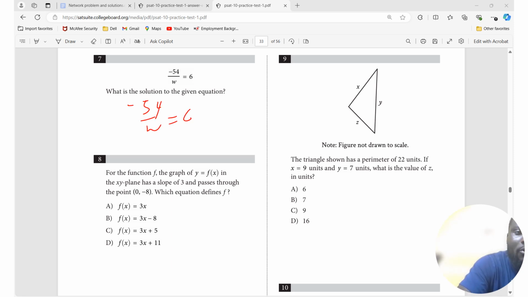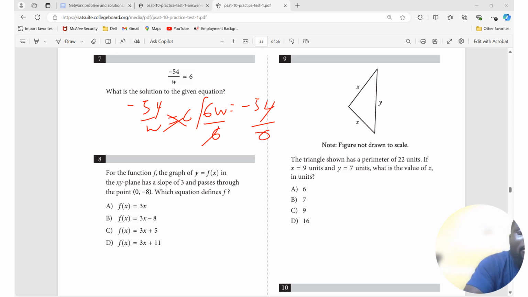So what you do here is cross multiply. You're going to have 6W equals -54. Then you divide both sides by 6. If you divide both sides by 6, this cancels here.